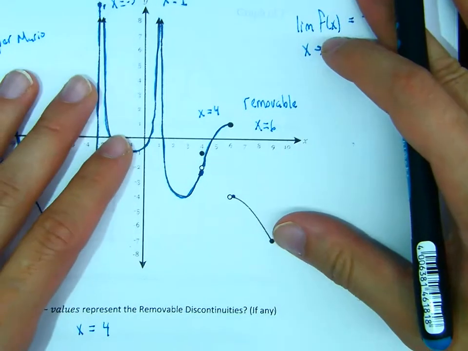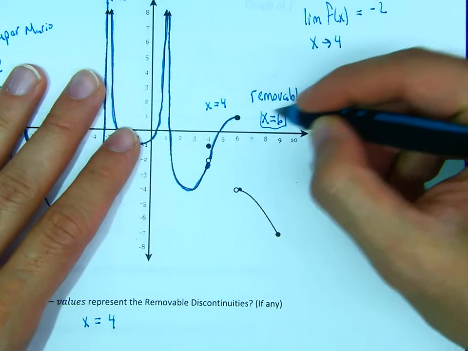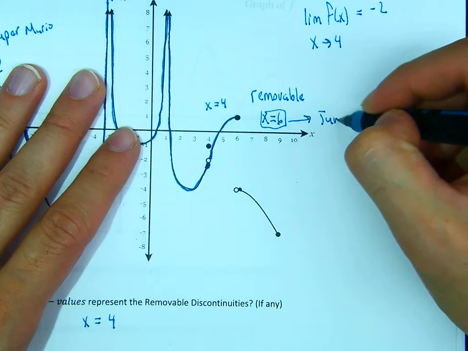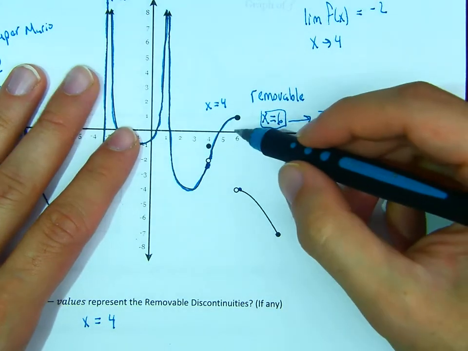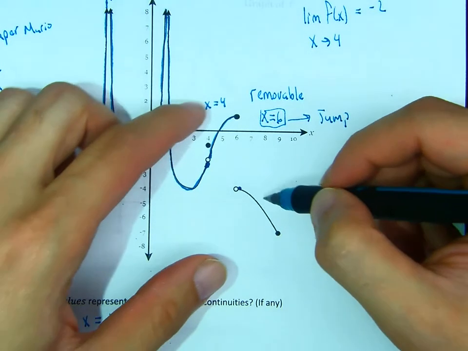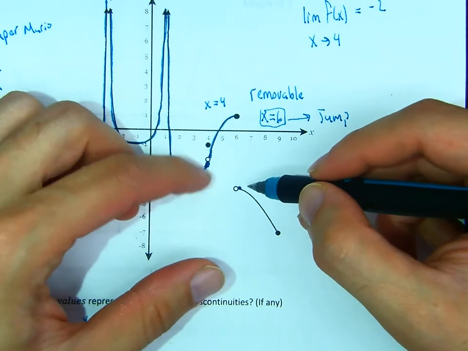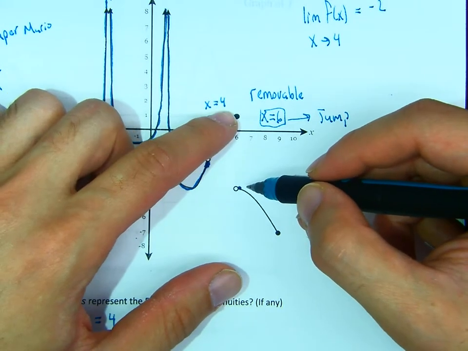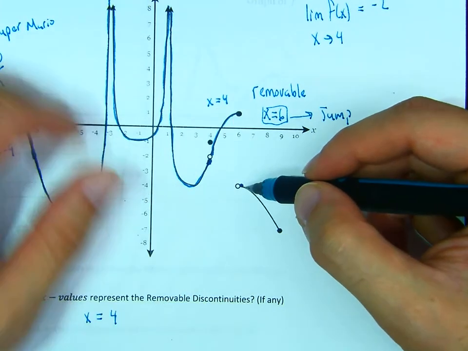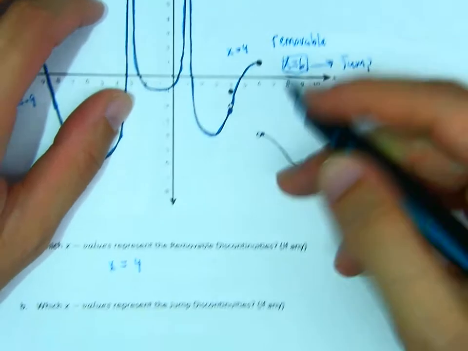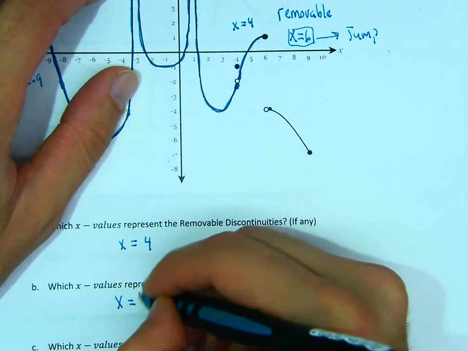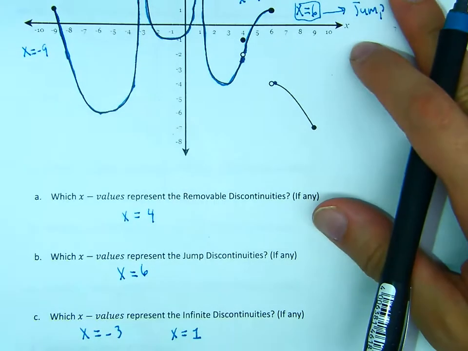Now you're coming back to it. This will be a jump discontinuity, and the reason is the limit does not exist, because the limit from the left is different than the limit from the right. And that's the definition of a jump discontinuity. So we know at x equals 6, we have a jump discontinuity. So, very nice.